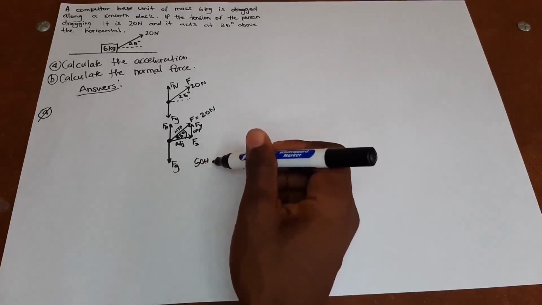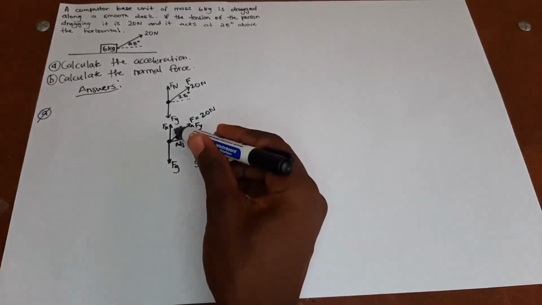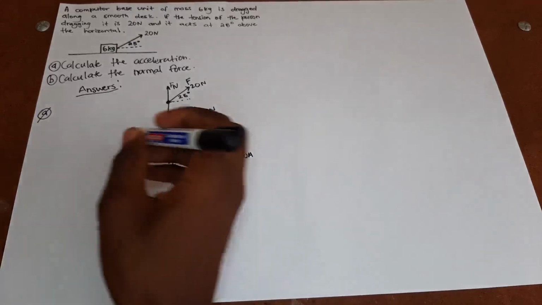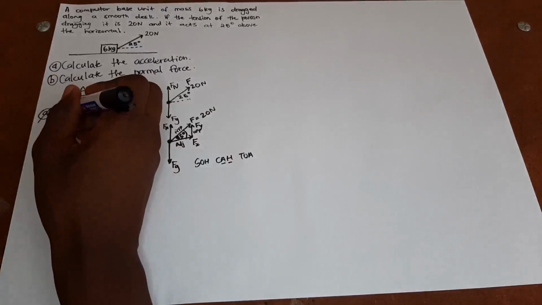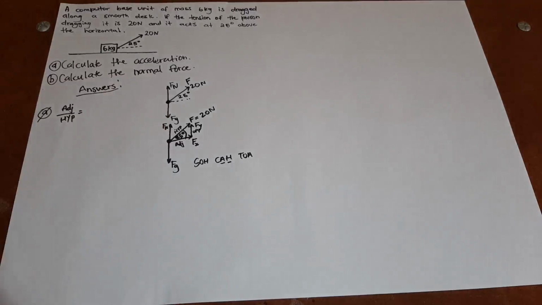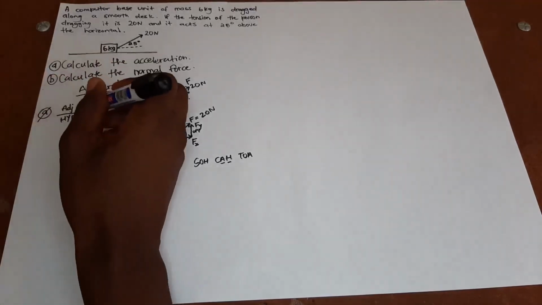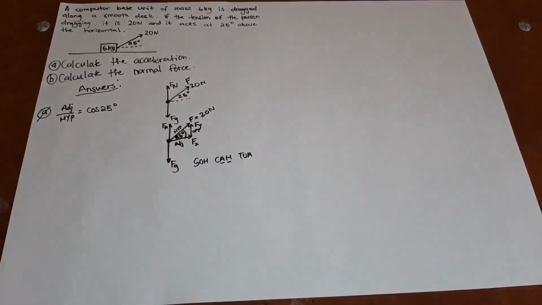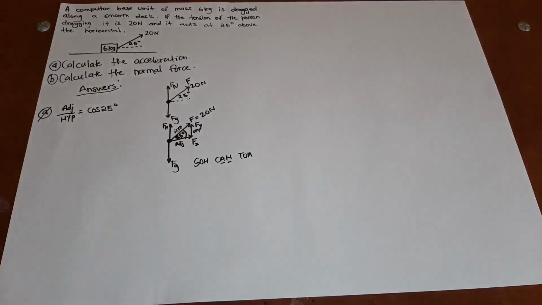Adjacent over hypotenuse is cos. This is the angle between the two. So adjacent over hypotenuse is equal to cos 25 degrees.